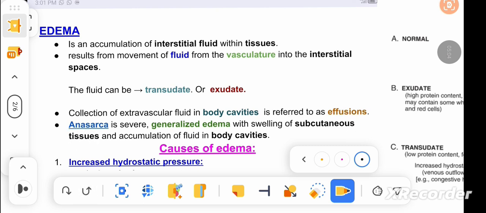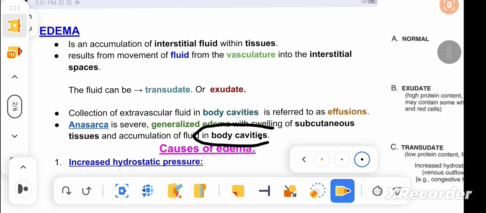And remember, this should be generalized. So the combination of body cavity accumulation and swelling of the subcutaneous tissue is called anasarca. Okay, so anasarca is simply generalized edema which is marked with swelling of the subcutaneous tissue and accumulation of fluid in body cavities.